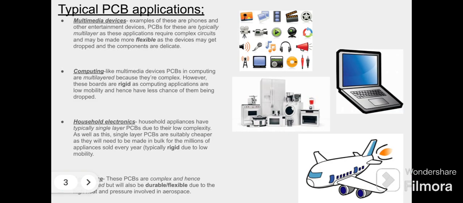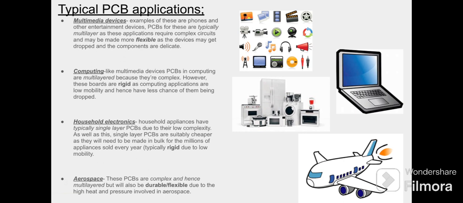Now, typical circuit board applications: multimedia devices, so your phone or your laptop, computing, obviously, household electronics, and aerospace. As you can see here, different applications are going to have different types of circuit boards. Some applications may have boards that are very rigid or flexible, depending on how much shock the application is going to go through.